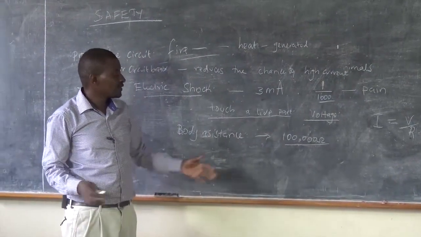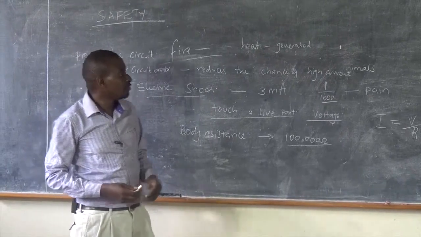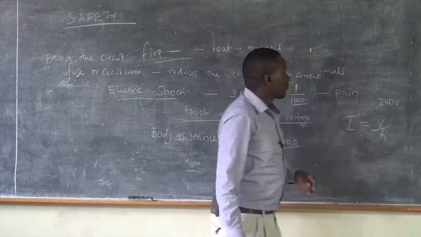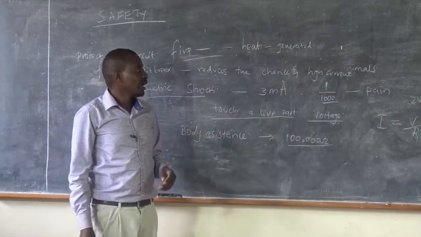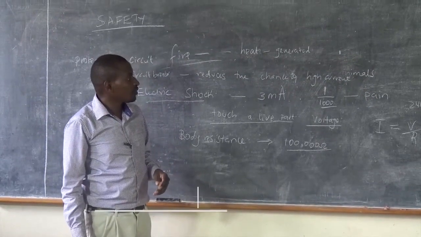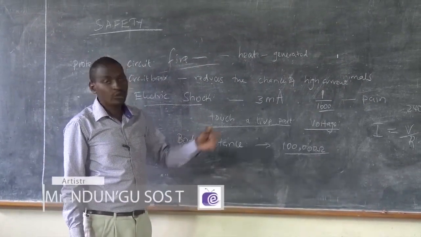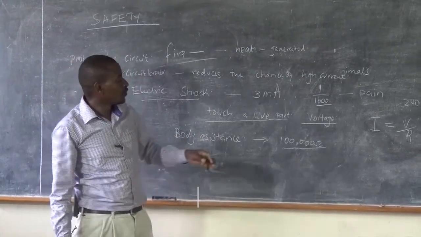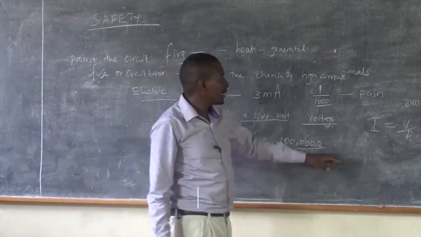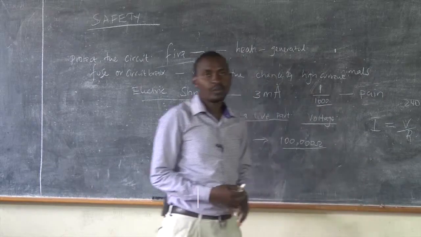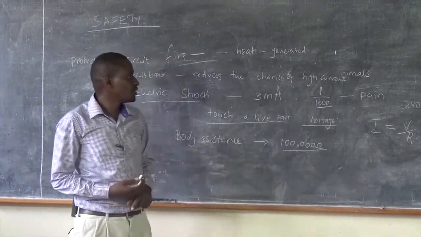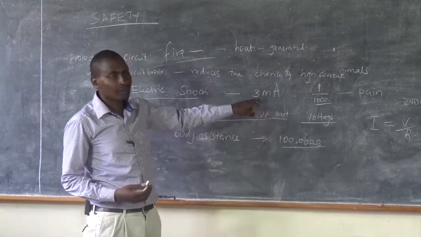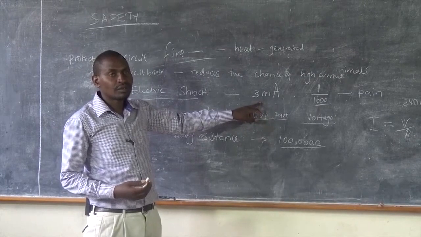If you are in a domestic setup, our supply voltage is normally 240 volts. If you are between live and neutral, you will of course be exposed to that voltage. So when you touch a live part, a current is going to flow through your body, and if this current exceeds this threshold, you are going to feel something.